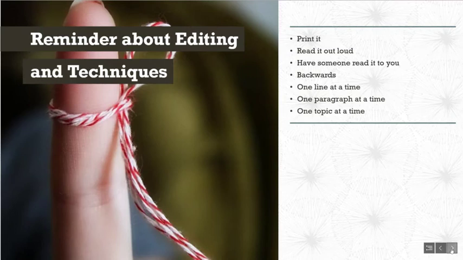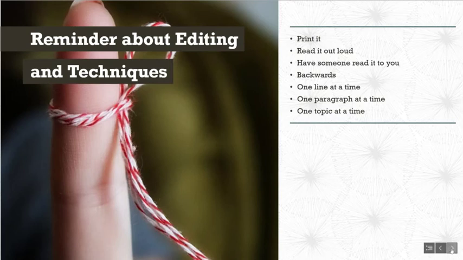You can do one line at a time. So you just take one sentence or one full line of text. Maybe that's a sentence and a half, or maybe it's just half of one sentence. So one line at a time, read the work and see where things will need to be changed. This does take time, but it's definitely helpful.